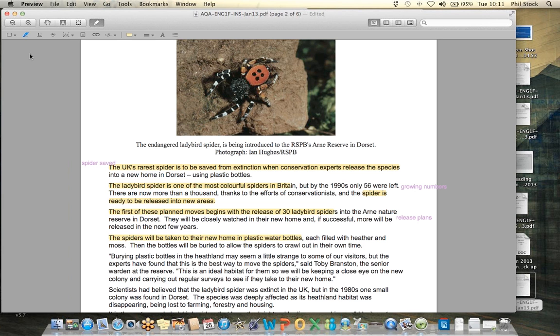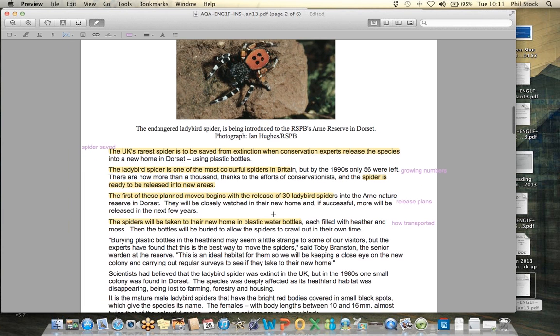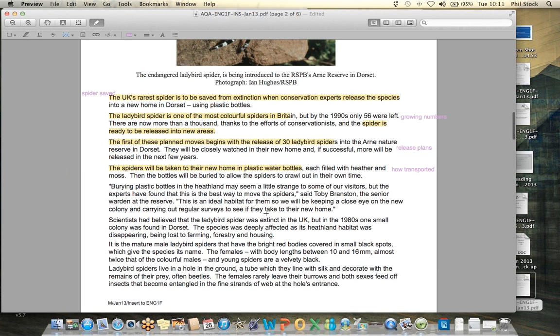So that's quite interesting about the way that the spiders are being saved. So I might put here how transported to their new locations. Right, so imagine that I've done that then through the whole text. What I'll have is 6 or 7 pieces of yellow or green or pink that I've highlighted, and then just some notes in the margin to help me locate that information.